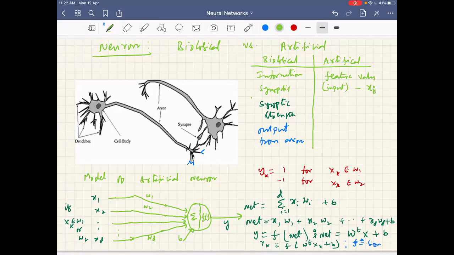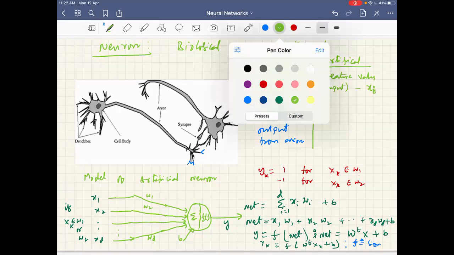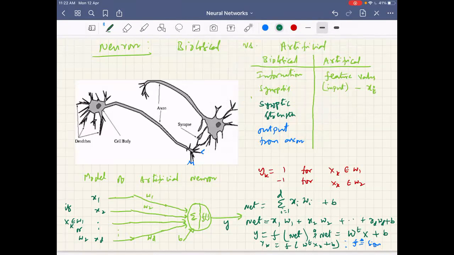And then what is synaptic strength? Weights. Okay, synaptic strengths are equal to weights wi. And then the output from the axon is essentially what? Output from the neuron, our artificial neuron. That is y. Okay, is this fine? yk, you can consider if I am considering xk.